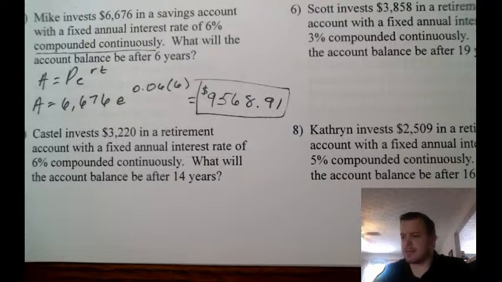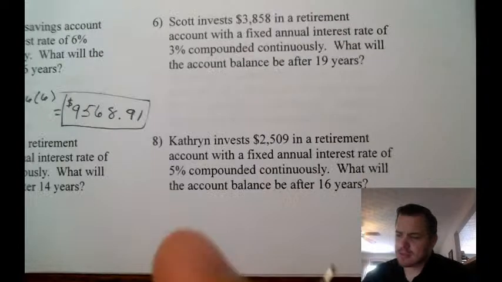All right. So number 6, last one. A equals P E to the RT. A is then equal to 3,858. E, we know we use this because it's compounded continuously. Then E, and then R is the rate, which is 0.03 times 19.